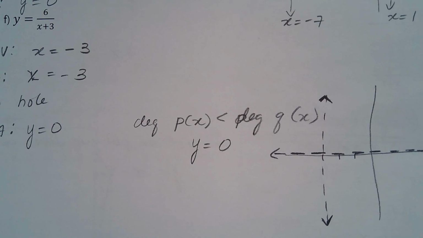So, today we really spent time on gathering all the pieces in our puzzle. The pieces of our puzzle are non-permissible value, vertical asymptote or hole, a horizontal asymptote or oblique. I think we're ready to graph.